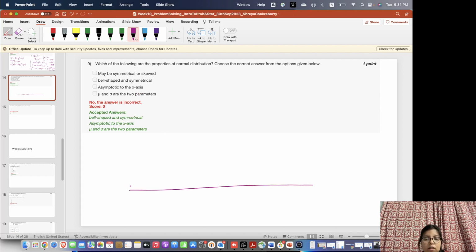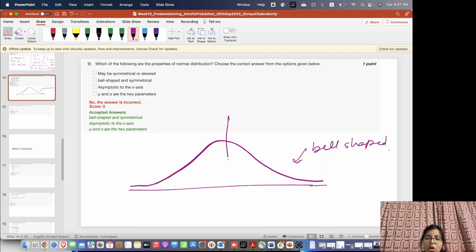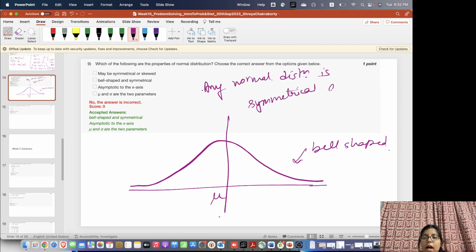Any normal distribution looks like this. It is bell-shaped and always symmetric about mu. Note that any normal distribution is symmetrical about its own mean.